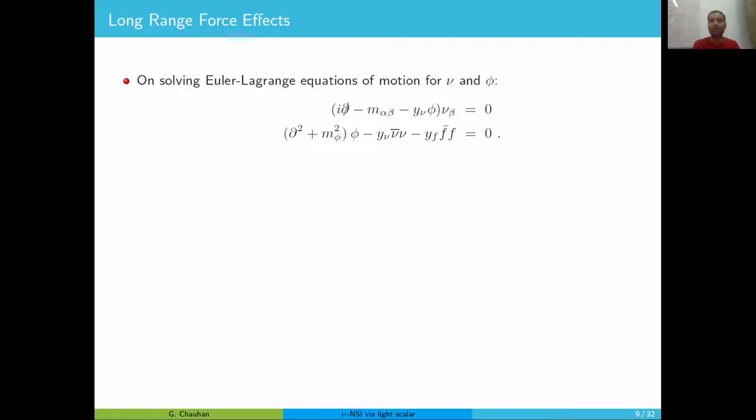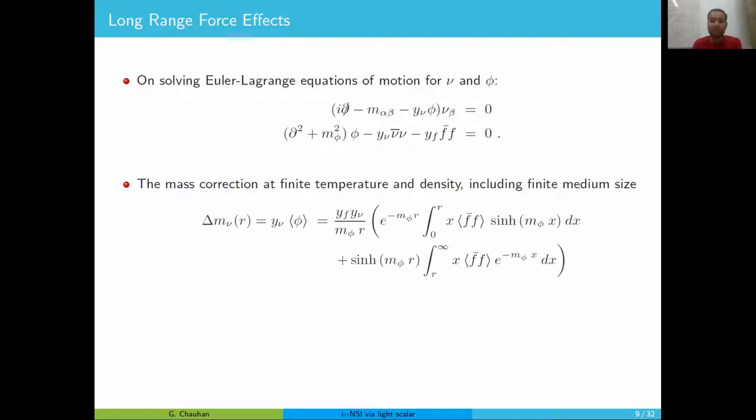We just solve the Euler-Lagrange equations of motion for the neutrino and phi, and then we calculate exactly for the case of finite temperature and density, as well as the finite medium size. You solve these equations of motion, and then the mass correction at finite temperature and density comes out to be this particular quantity, which looks a little intimidating, but I assure you it's not, and we'll look at it through an example.